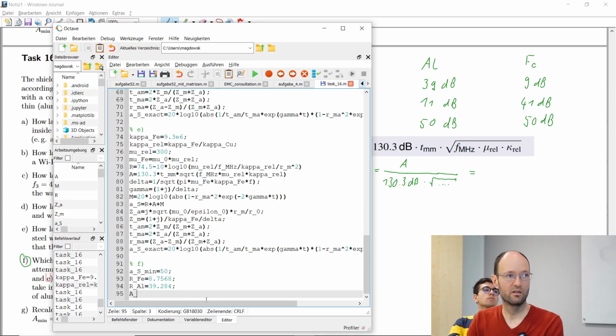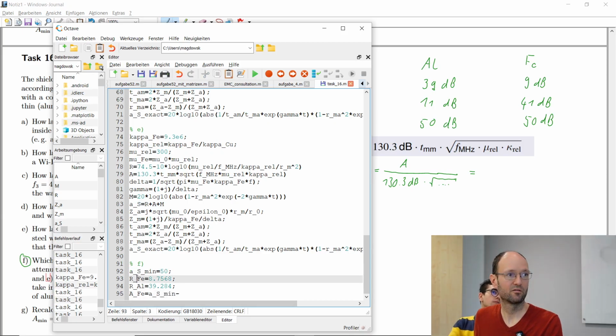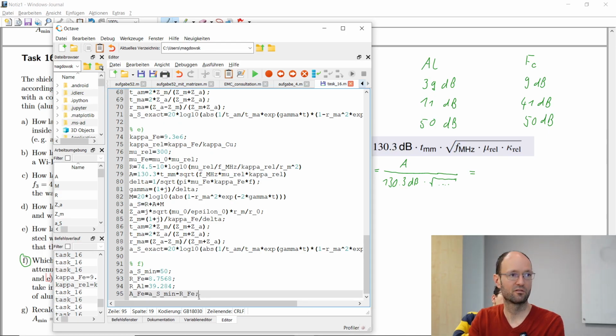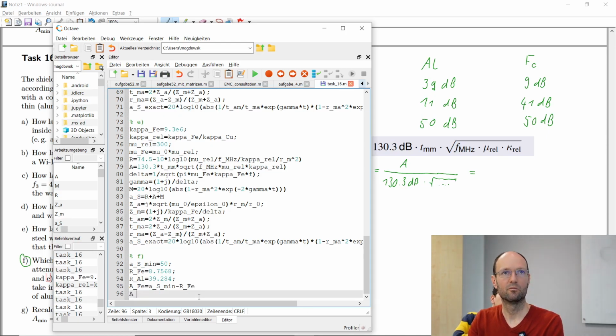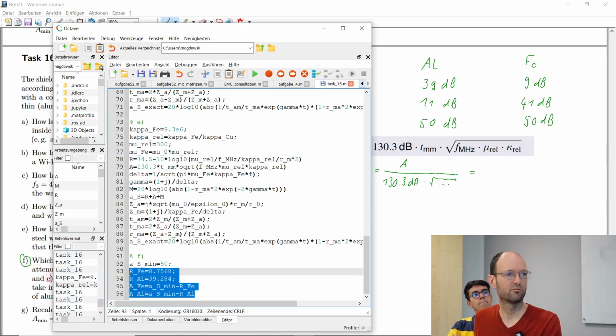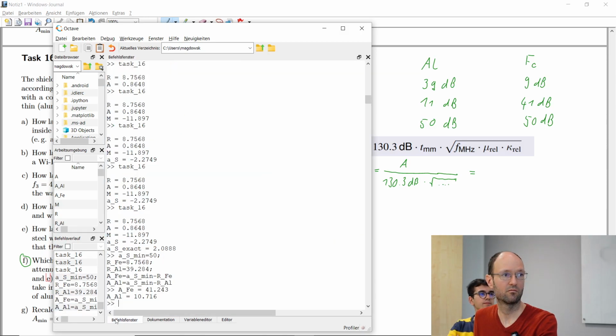So we can calculate the necessary shielding attenuation by absorption for iron as this minus this, and this should give us 41, and for aluminum this value minus this value here. If I try this out, we get 41 and approximately 11. So this fits. Okay.